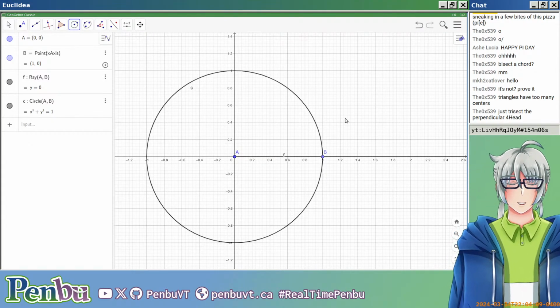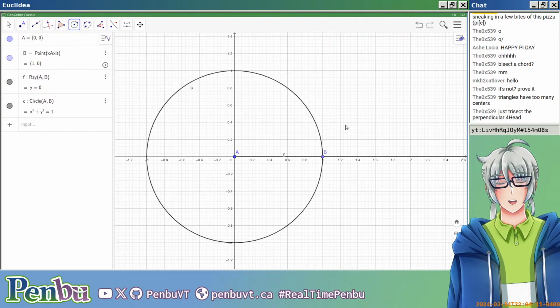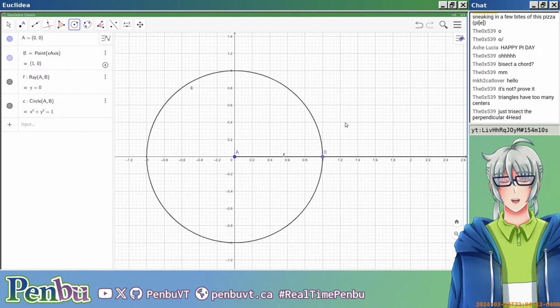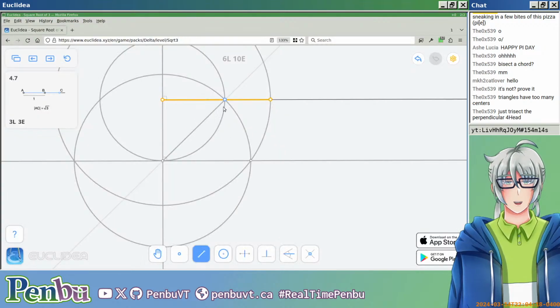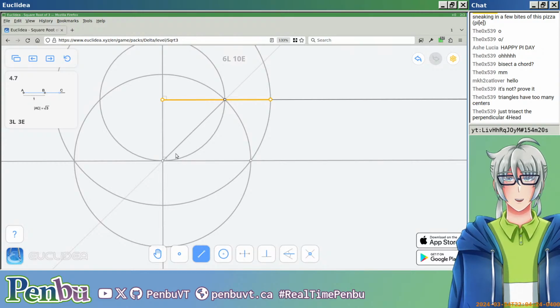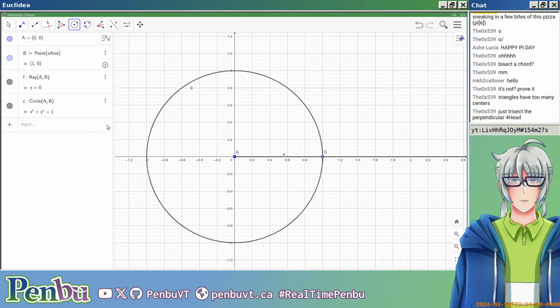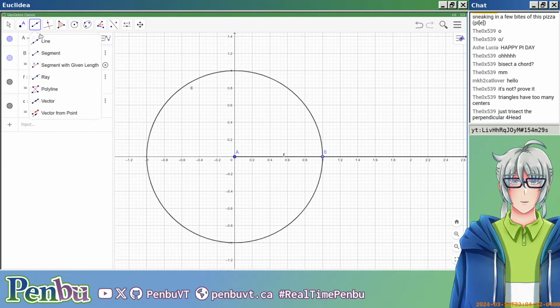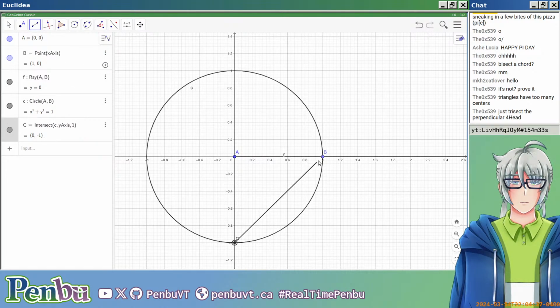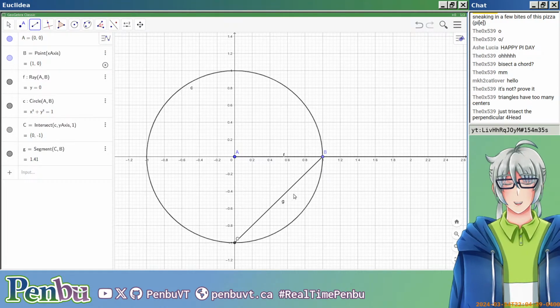And then our goal here was to create a square that had a diagonal, so that we can create a length of square root of 2, because the square root of 2 is the length of the diagonal of a square. And so then we created that one here, our line segment here, from this intersection point to this intersection point.